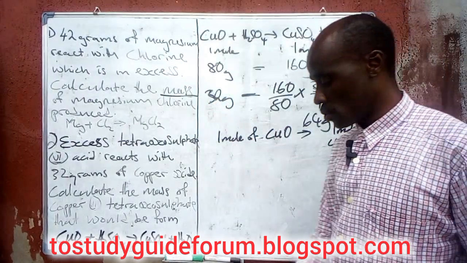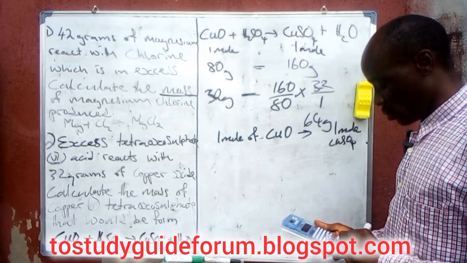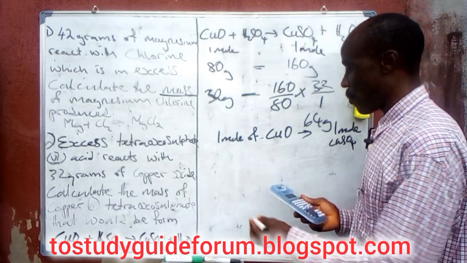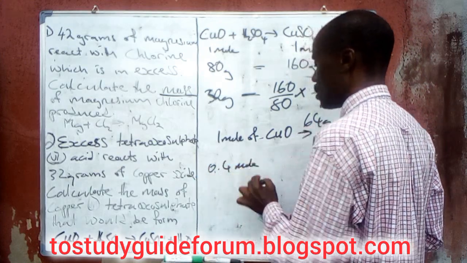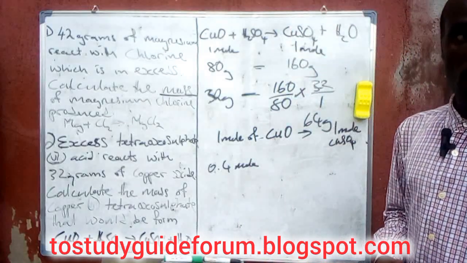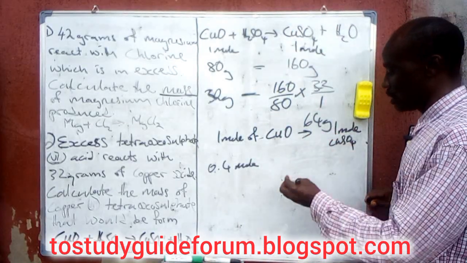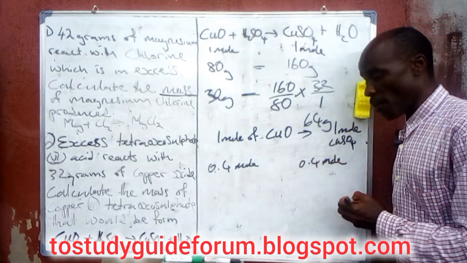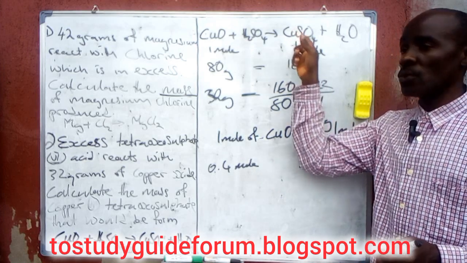Converting it to moles, what we get will be 32 divided by 80. We have 0.4 moles. So since 1 mole will give us 1 mole here, it simply means that 0.4 mole of copper sulfate will also be produced.